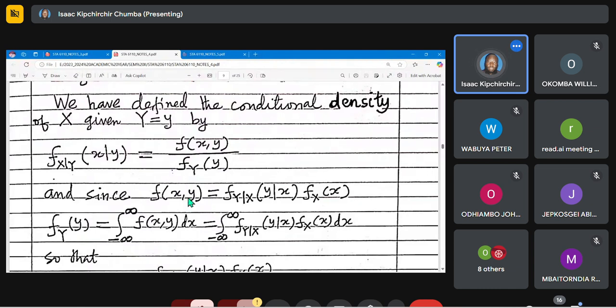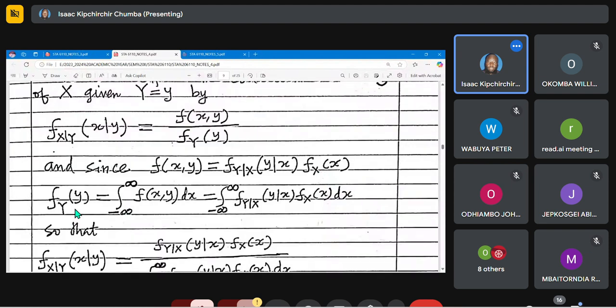But remember also, the conditional of y given x is the joint over the marginal of x. So when you want to get the conditional of x given y, which is the joint over the marginal of y, we also remember that the joint is the conditional of y given x times the marginal of x. And the marginal of y, of course, we have seen that you integrate the joint over x.